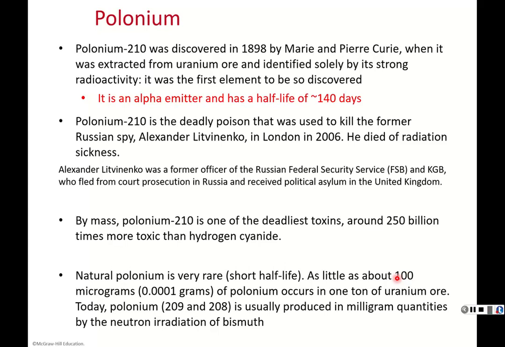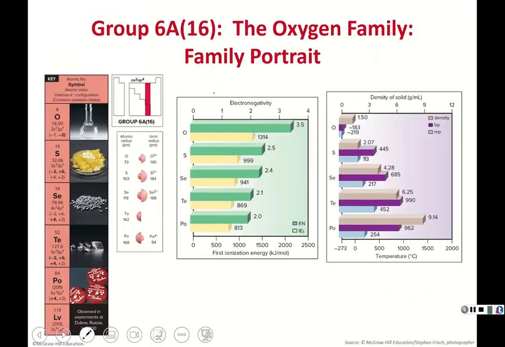And that makes it all the more amazing, what a feat it was for the Curies to actually purify and identify it before 1900, because there is such a small amount of it naturally.